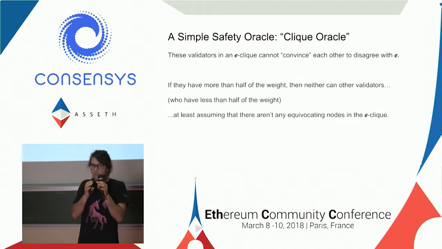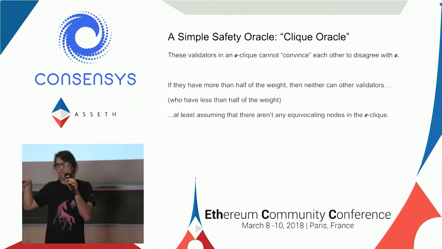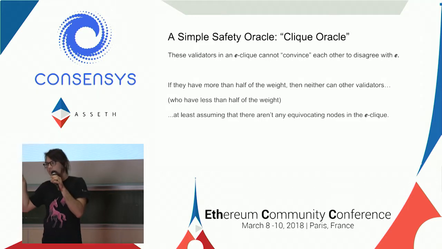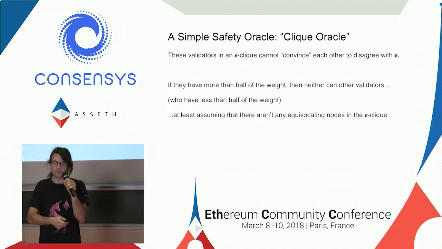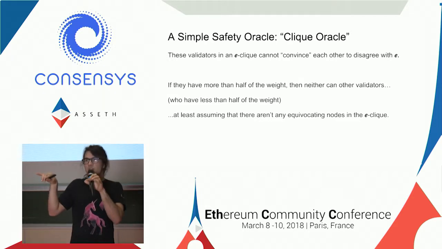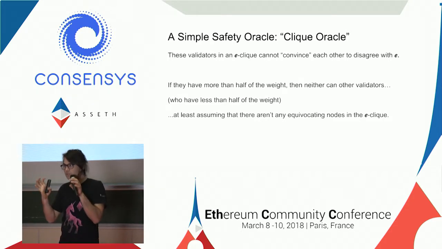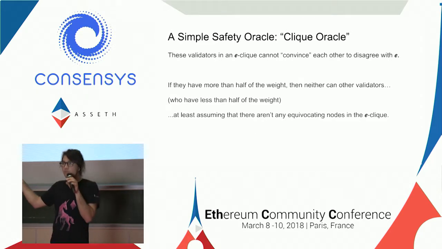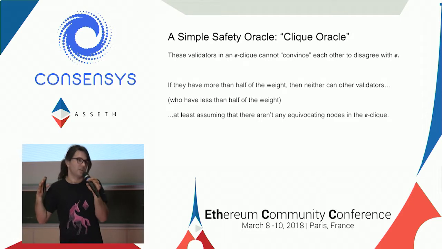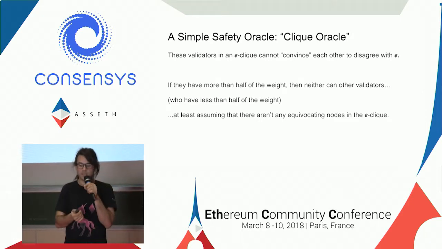But if they have more than half the weight, then they also can't be convinced by validators outside of the clique, because those have less than half the weight. And this is all assuming no equivocation. We'll get to equivocation in a second. Then you'll be safe. You'll be locked on this value because this majority sees themselves agree with it, can't see each other disagree with it, and therefore can't be convinced by the minority, because the minority has less weight, and it would take some disagreement from within the majority, but the definition of the clique precluded that because you can't see disagreement from inside the clique.